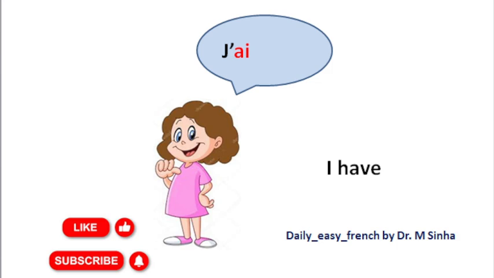Now here I want to tell you that we do not write je as I. Instead, we write j apostrophe, because the conjugation of avoir is starting with a vowel. Whenever any conjugation is starting with a vowel, we write j apostrophe instead of je for I. So we simply write j apostrophe ai for I have.